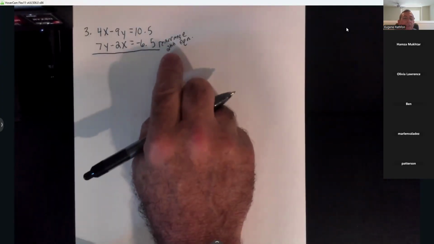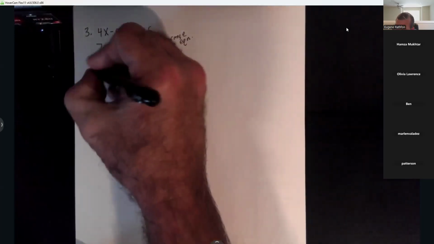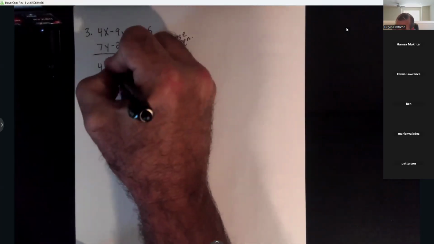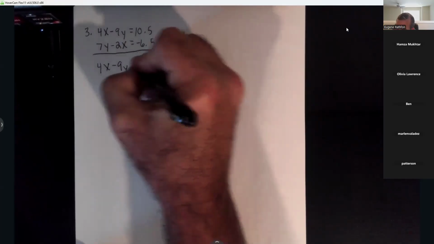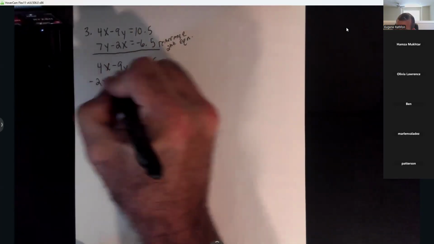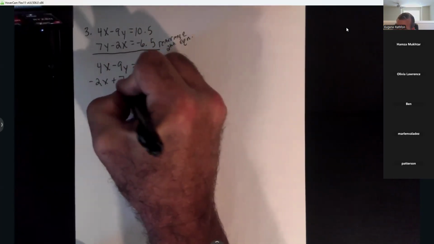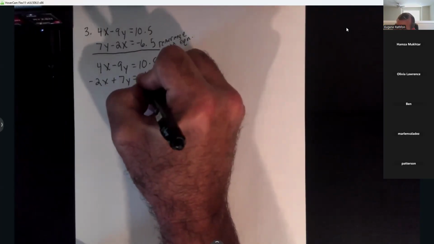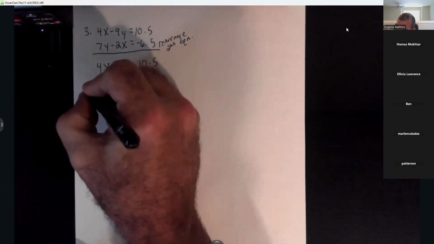The first equation will stay the same: 4x minus 9y equals 10.5. I'm going to rearrange the second so that I get negative 2x plus 7y equals negative 6.5.